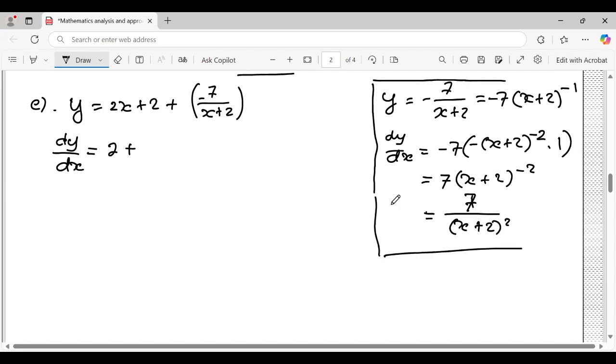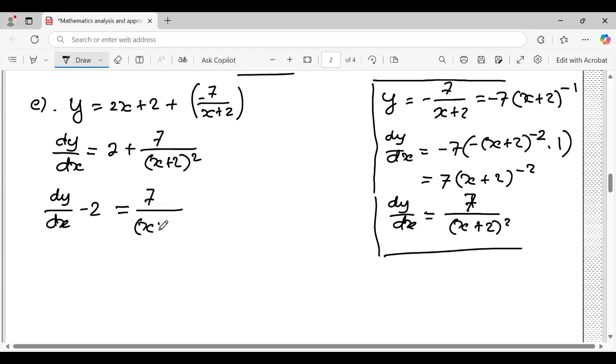So we will use this dy/dx for the derivative of this expression. It becomes 2 plus 7 over (x plus 2) squared. Or I can write it like this: dy/dx minus 2 equals 7 over (x plus 2) squared.